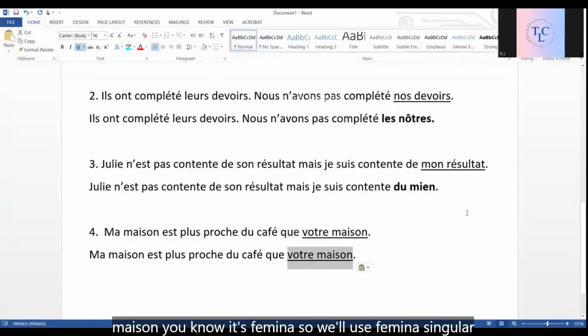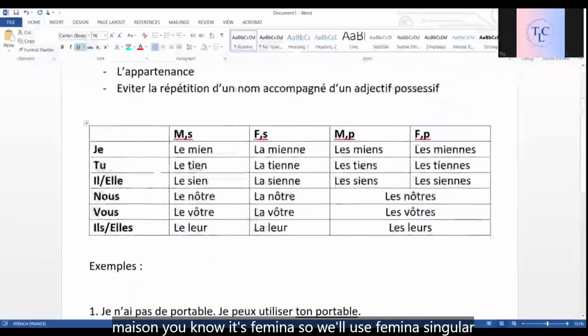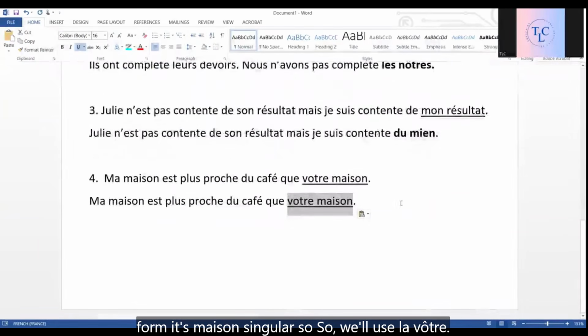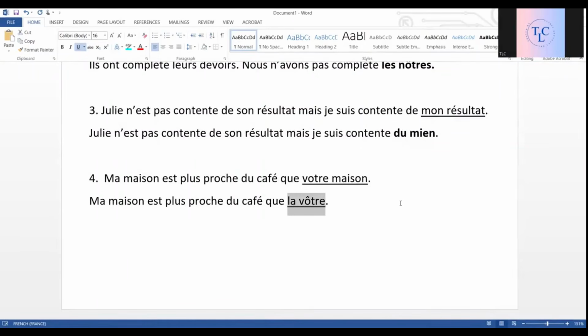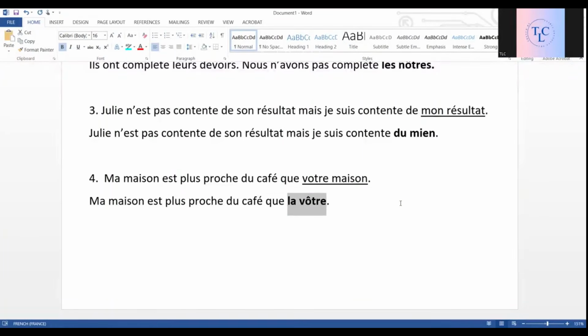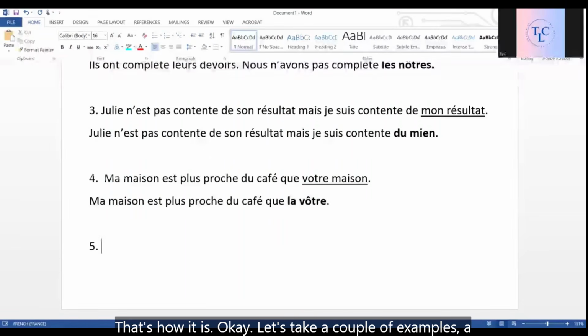And maison, you know, it's féminin. So we'll use the féminin singulier form. It's maison, singular. So we'll use la vôtre. So my house is nearer to the cafe than yours. That's how it is.